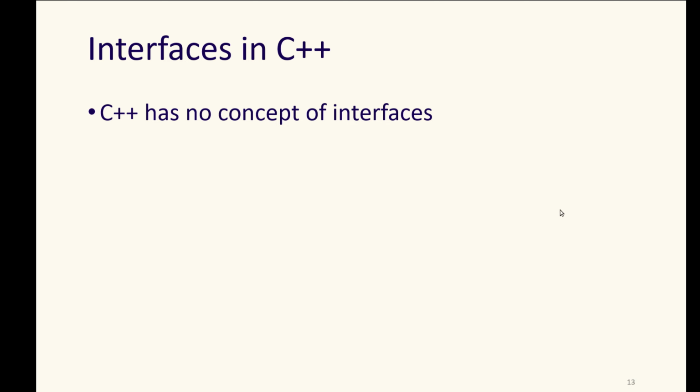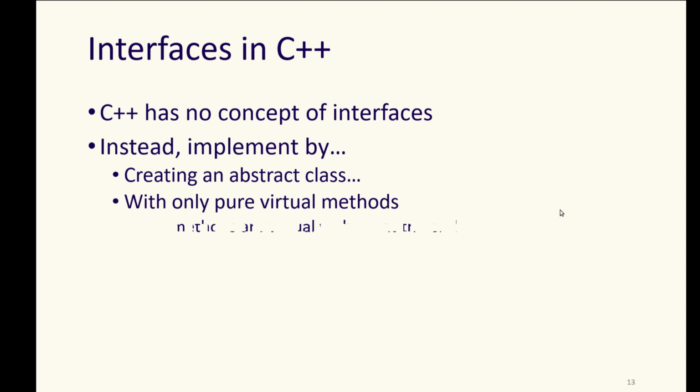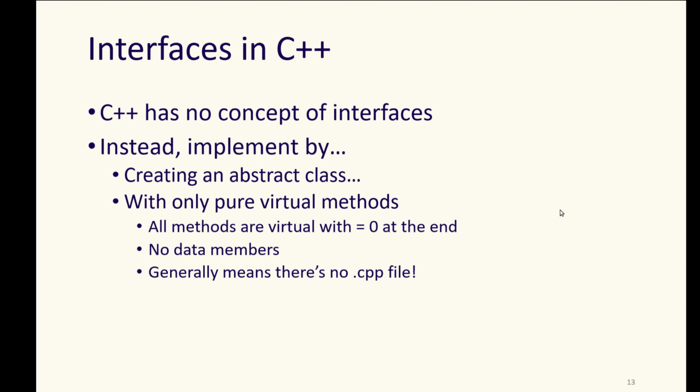An interface in Java is basically a class that has only pure virtual functions. They have no implementations. So in C++, we can get the same behavior as an interface from Java by creating a class with only pure virtual methods.